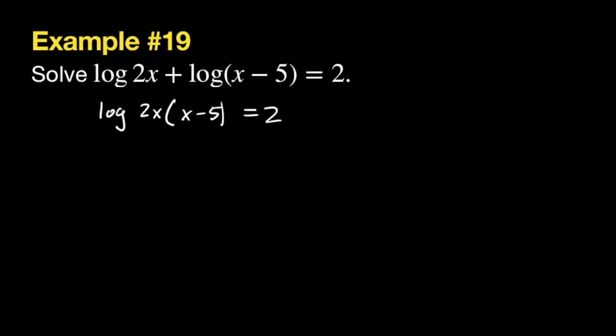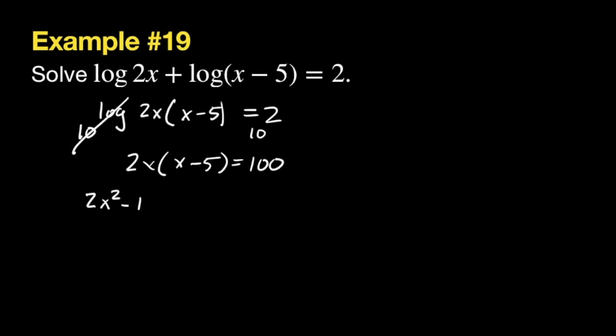Now I'm going to get rid of the log by putting a base of 10. This cancels, so we're left with 2x times x minus 5 is equal to 100. We're going to distribute the 2x, so we have 2x squared minus 10x, and that's going to equal 100.